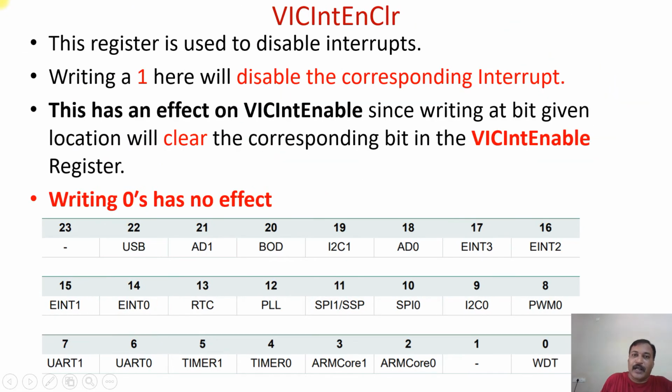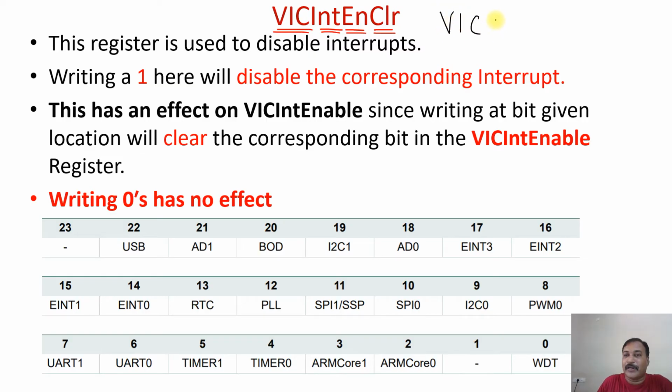Right. How to disable an interrupt? For disabling an interrupt, you have a separate SFR called vector interrupt controller interrupt enable clear. Make sure of the capital and lowercase notations here. Interrupt enable clear: I caps, E caps, C caps, the rest in smaller case.